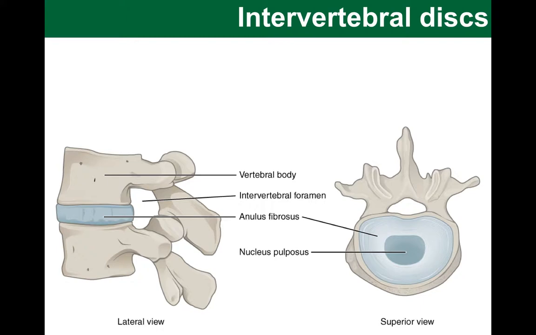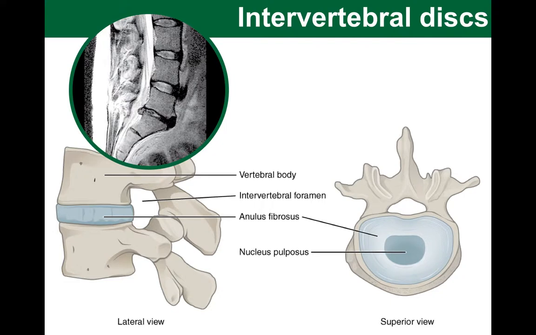But not everything goes without problems. You can also end up with a disc that gets squashed and bulges out. These are our herniated discs, and you see here how a disc is bulging out of a lumbar region shown in this MRI scan.